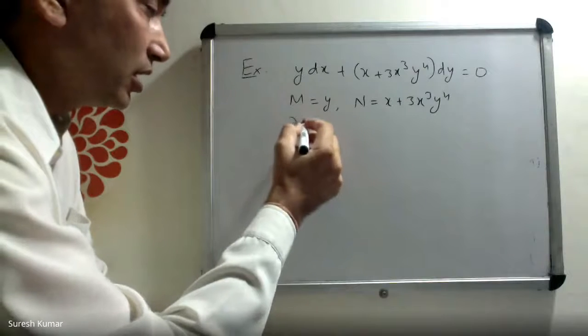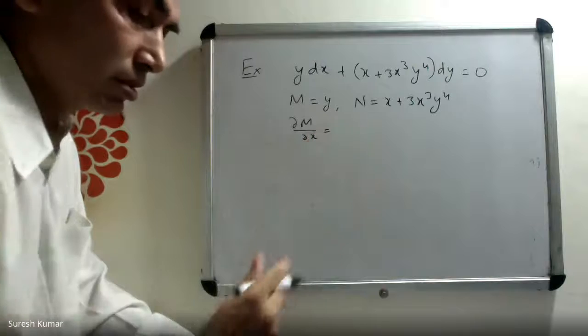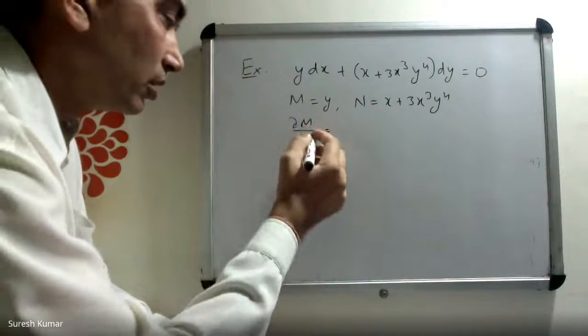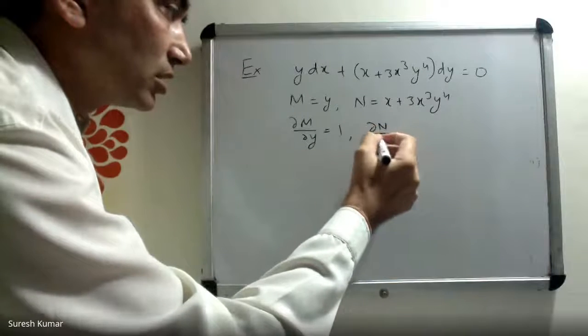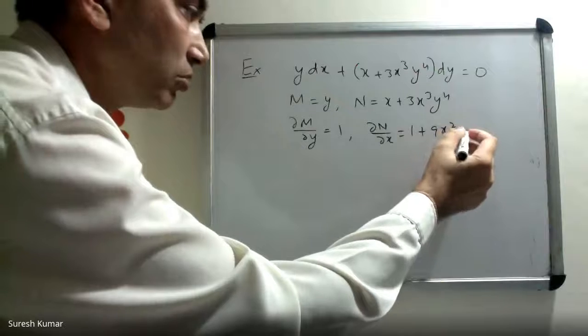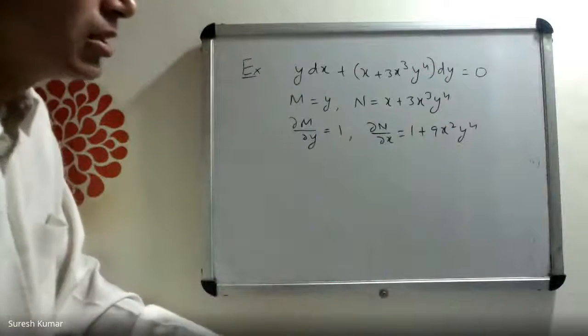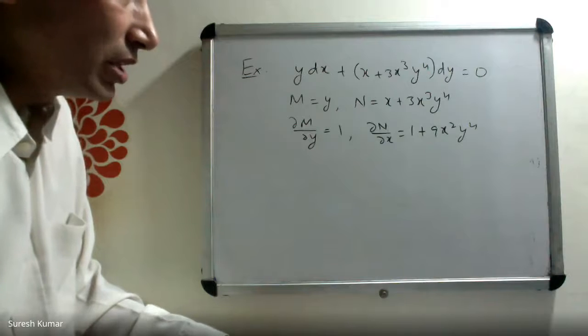If you find del M over del y, that is 1, and del N over del x is 1 plus 9x square y to the power 4. You can see clearly these are not equal. The equation is not exact.